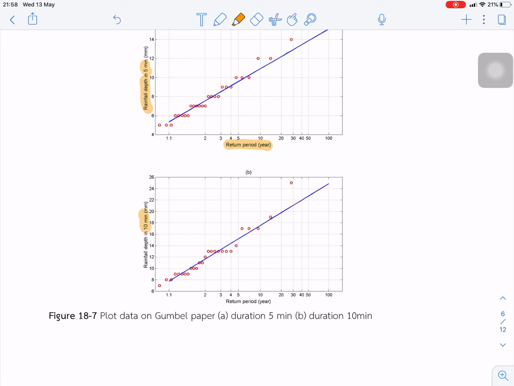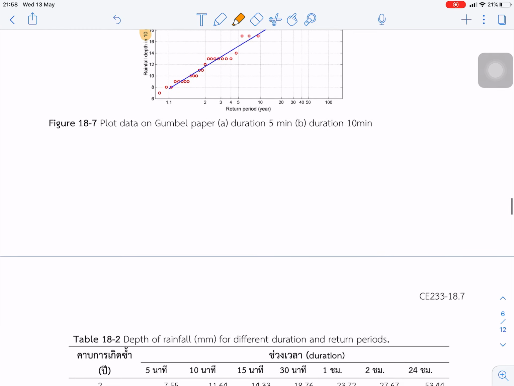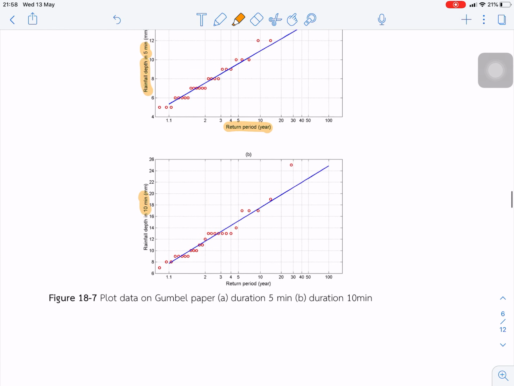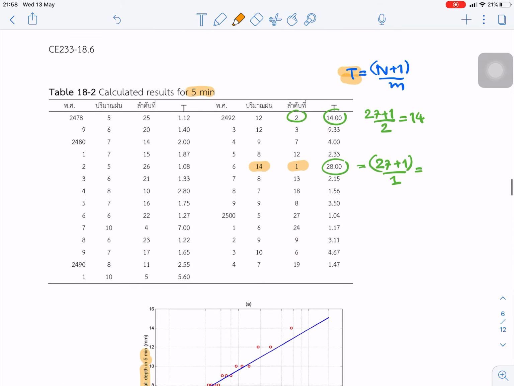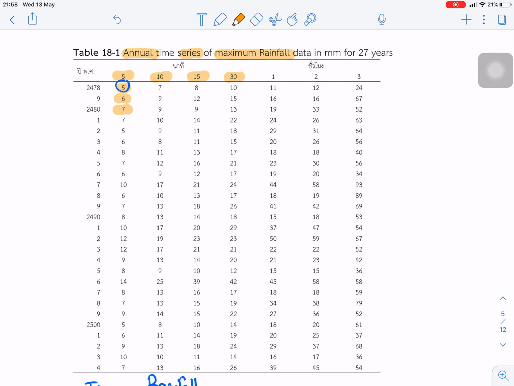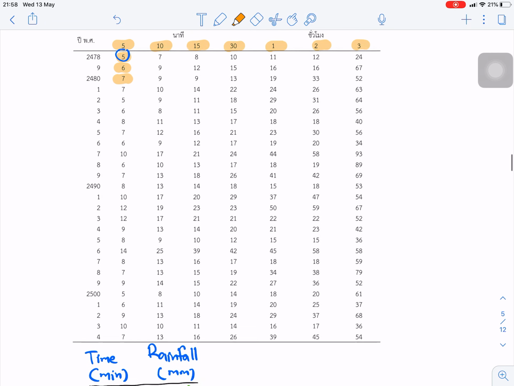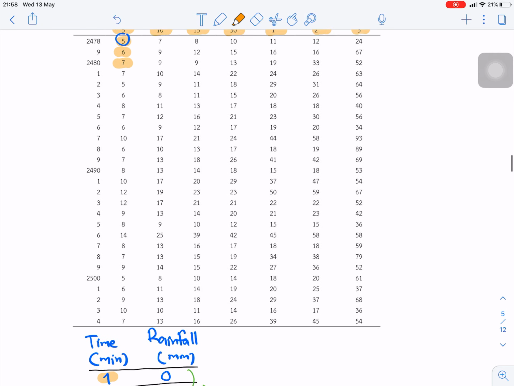We can do this for every duration, let's say 10, 30 minutes, 1 hour to 3 hours, to plot the return period with the depth of rainfall for different durations.